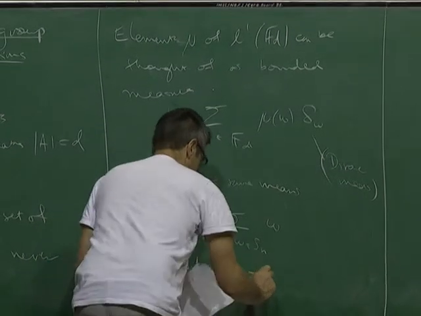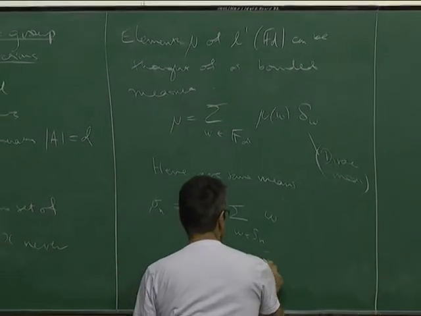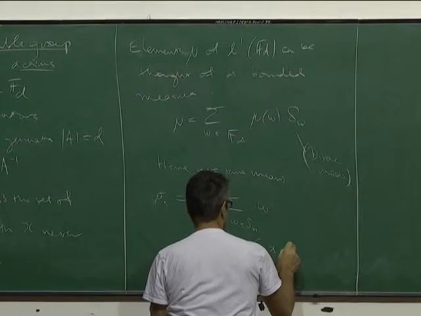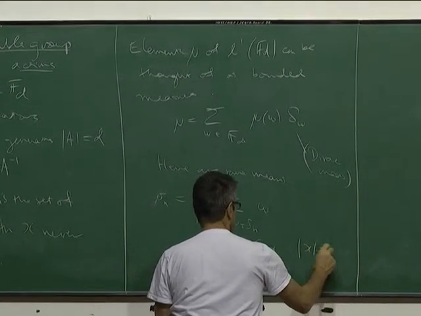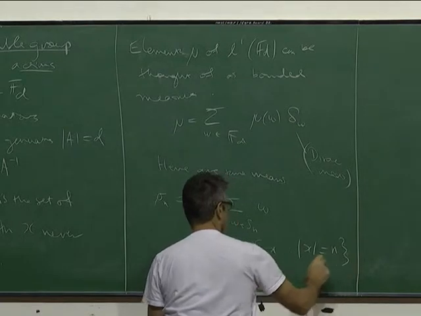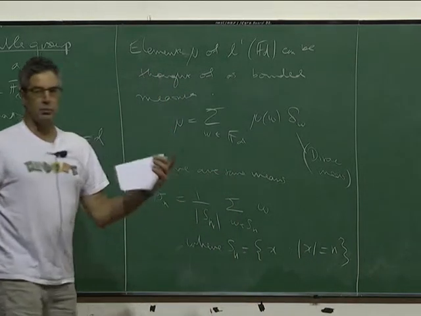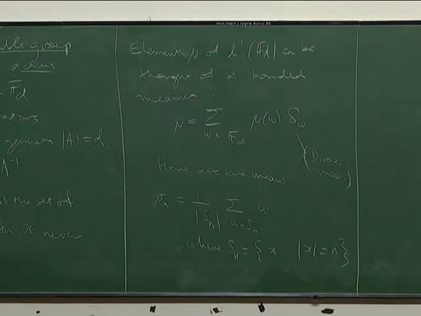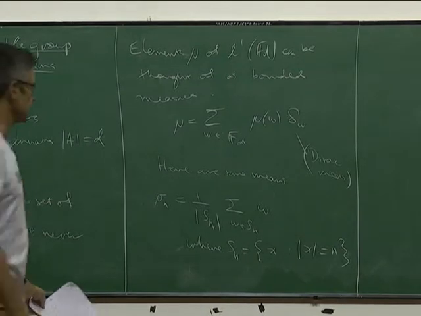So S_n is going to be equal to the set of all words w such that the length of w is equal to n. The length of w, of course, is the number of symbols in the word w when you've reduced it down and removed all x inverses from it.